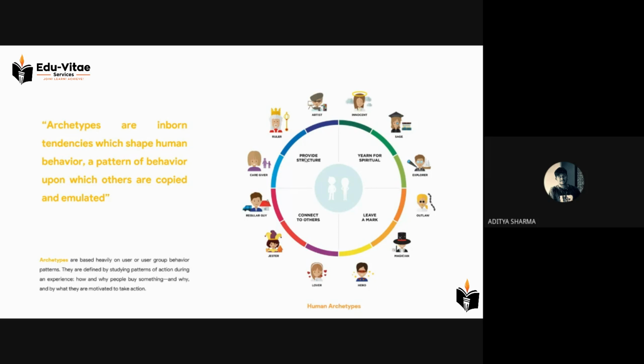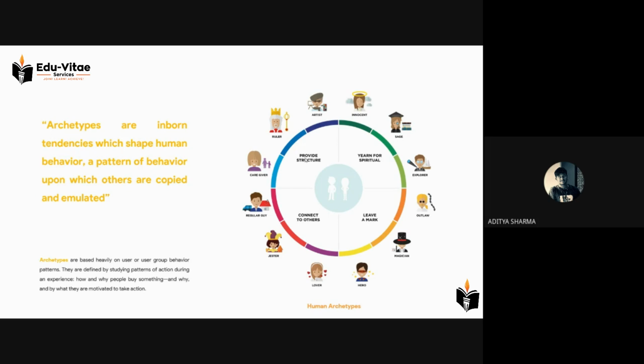These are called archetypes of people, or simply a kind of personality. These are inborn tendencies. No one tells anyone to be shy or to be outgoing. It is a human tendency that people are brought up in that way.